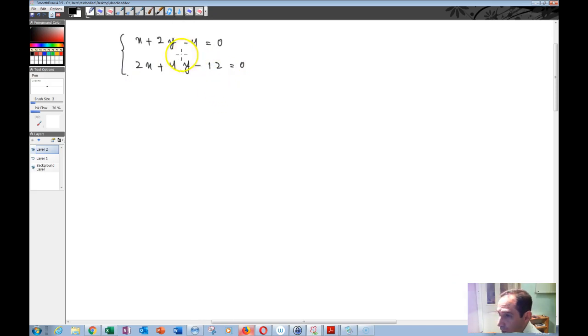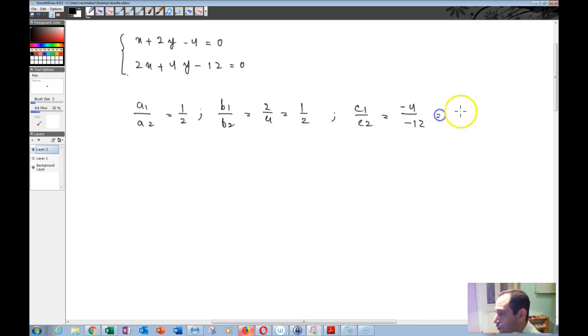Again, if you take a look at the coefficients here, a1 to a2 is equal to 1 to 2, b1 to b2 is equal to 2 to 4, which is equal to 1 to 2, and c1 to c2 is equal to negative 4 to negative 12, which is equal to 1 to 3.